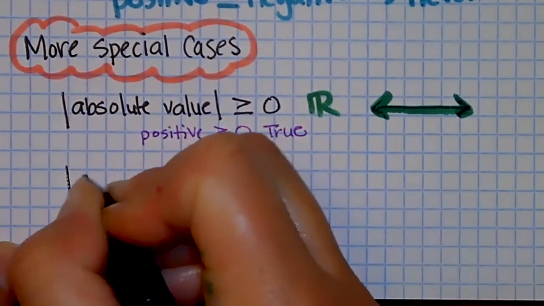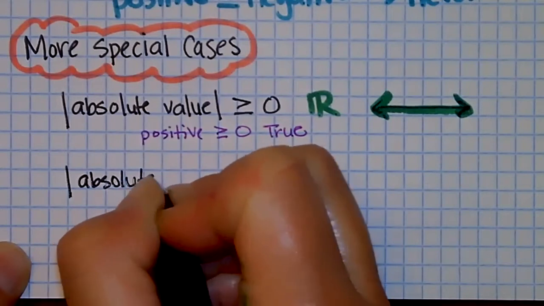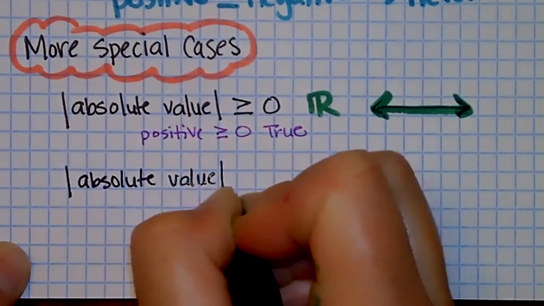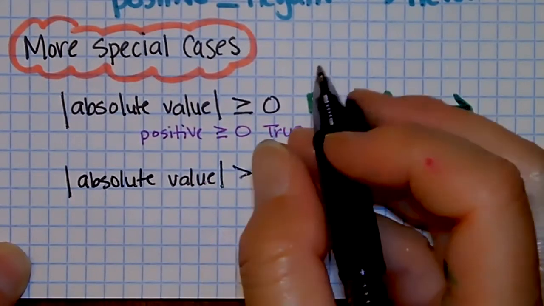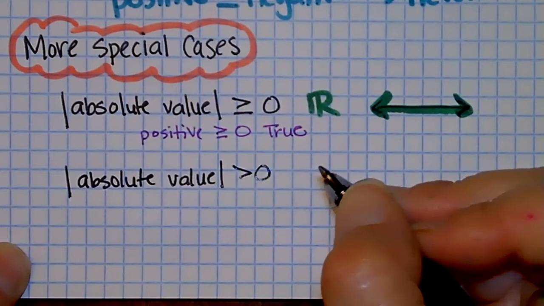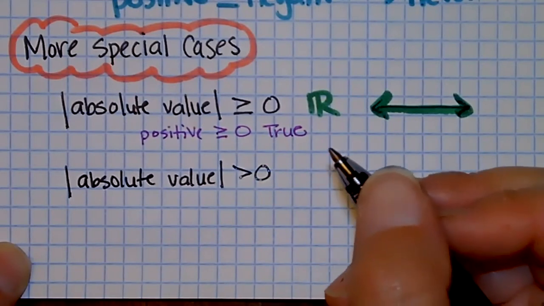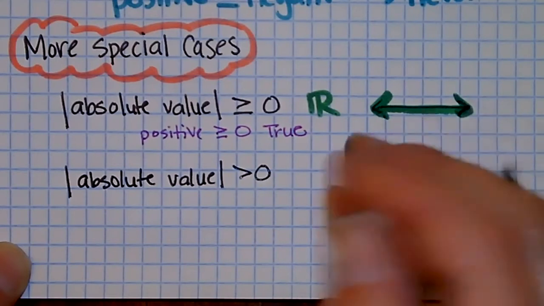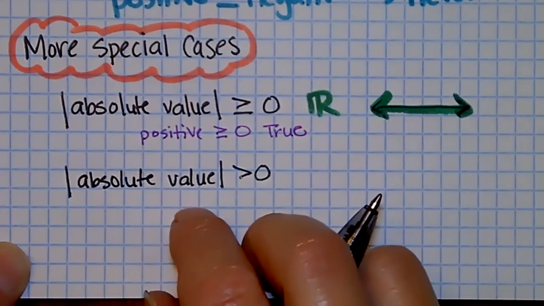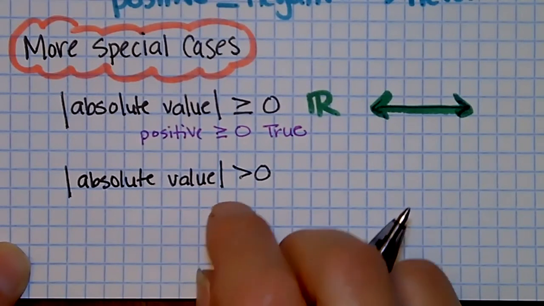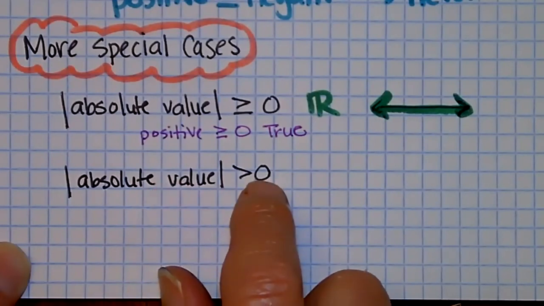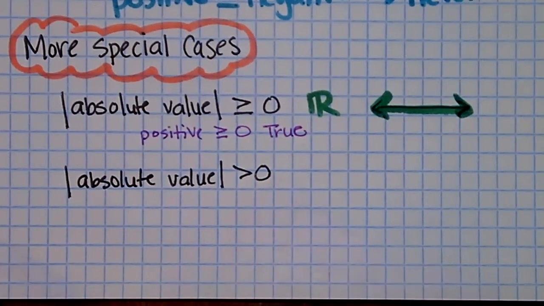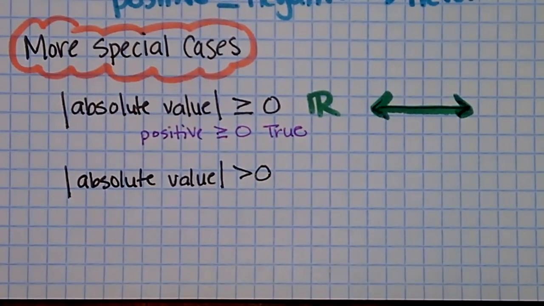Now, if I have the absolute value greater than 0, okay, that situation is going to be true for every single thing except for what makes it 0. So there's going to be something that's going to make this absolute value 0. We cannot have it be 0 because it has to be greater than 0. So in this case, this is going to be a slightly different answer.